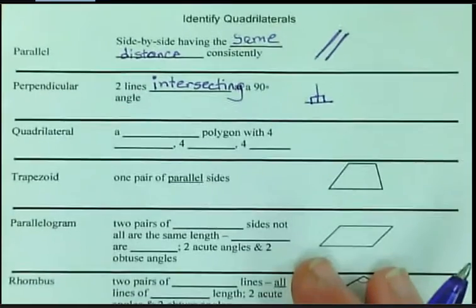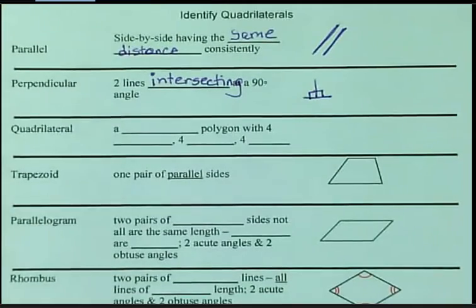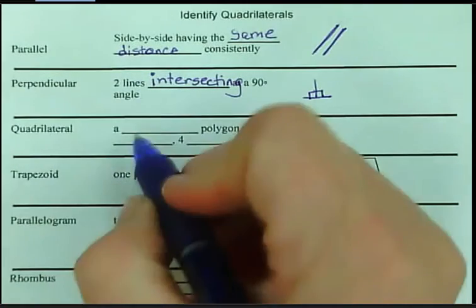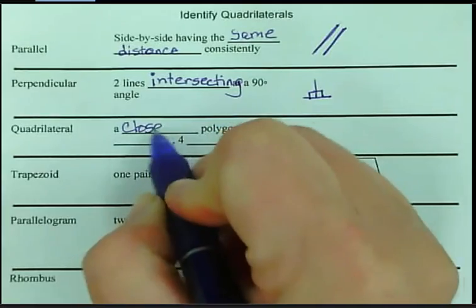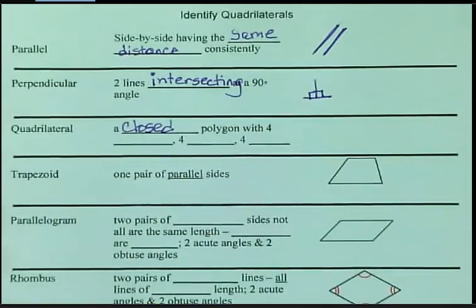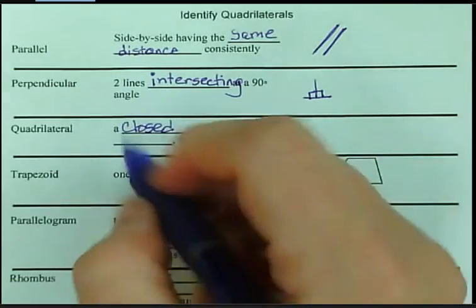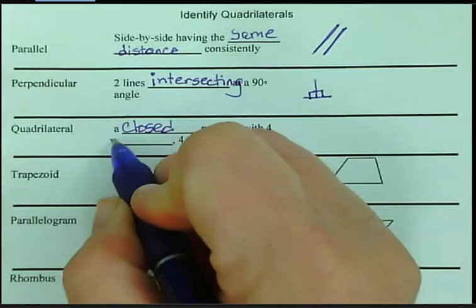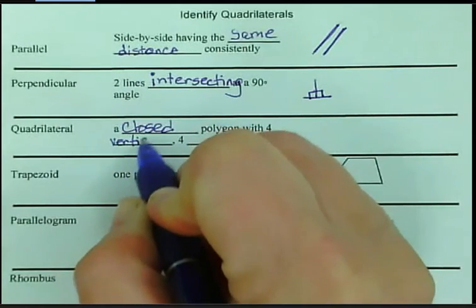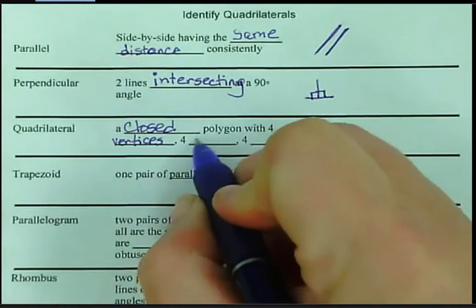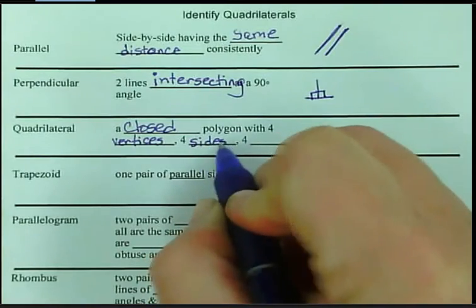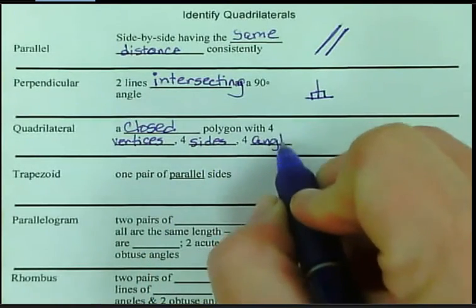All right? Now, quadrilateral. We said that a polygon is a closed two-dimensional shape with straight lines, okay? A quadrilateral is, again, a closed polygon, all polygons are closed, with four vertices, four sides, and four angles.